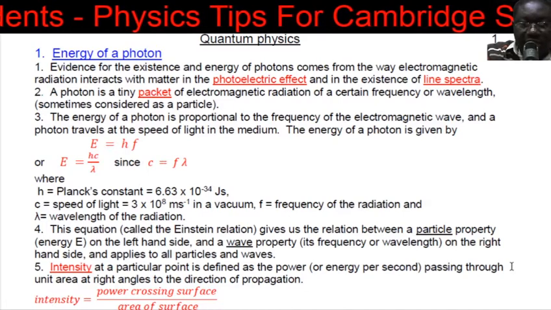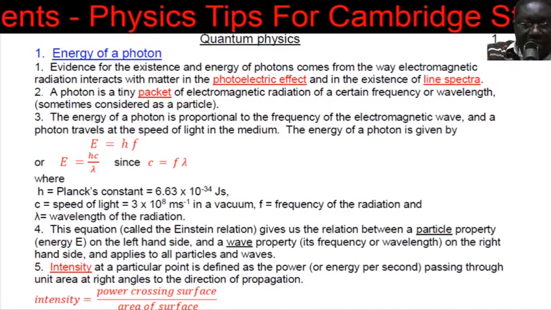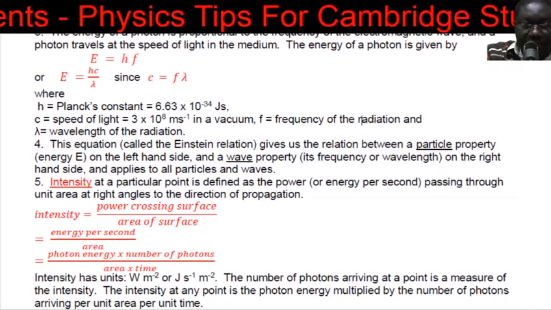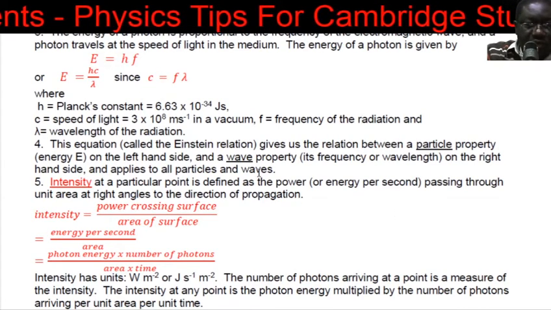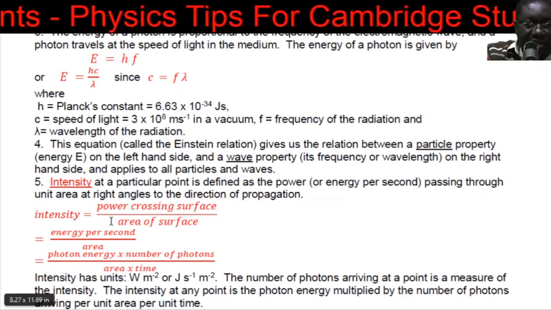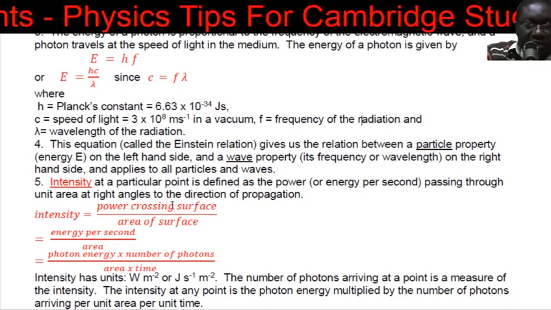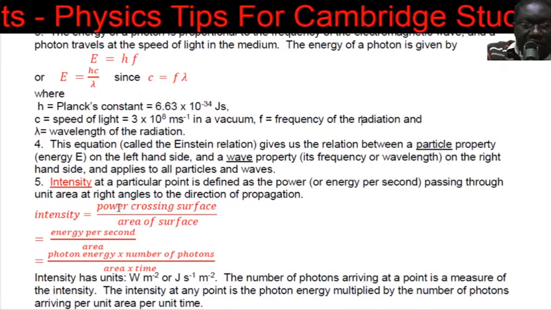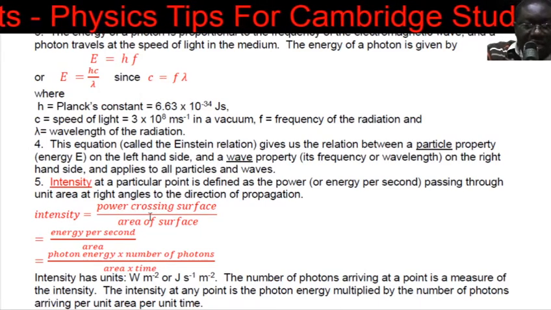Intensity at a particular point is defined as the power through a unit area at right angles to the direction of propagation. Okay, so power over area is intensity. So power crossing a surface divided by the area. Now, since you know that power is equal to energy over time, it's energy per second divided by area.